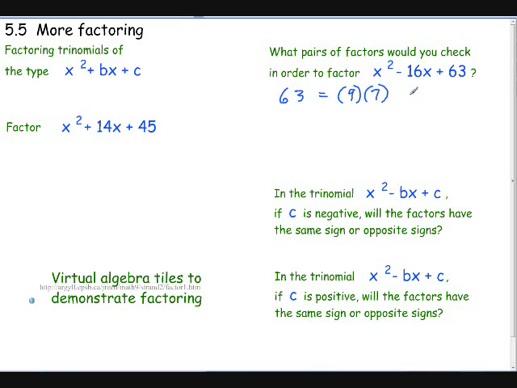And so I look at these and I say, if I add them together, 9 plus 7, will I equal 16? No. However, if I thought of this as negative 9 times negative 7, it still equals 63. And when I add a negative 9 to a negative 7, I get what I want.